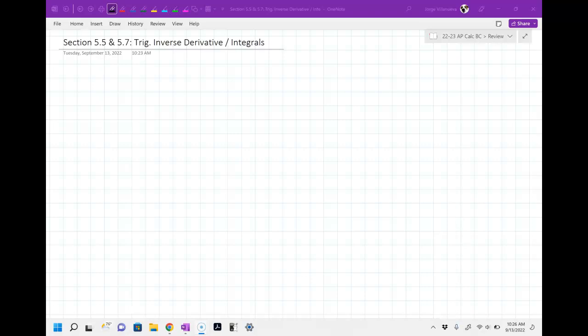All right, so what you guys do have to be aware of with trig inverses, when we take derivatives and integrals, is that you do want to know their domain and their range.